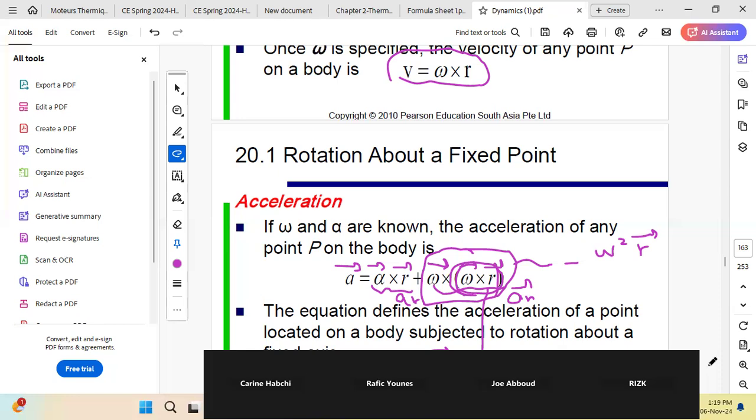You can have curvilinear translation or rectilinear translation, and we already studied it before in chapter 16. All points will have the same velocity. All points will have the same acceleration. So nothing specific in 2D or 3D. The same equations will apply. While for rotation, rotation in 2D is different than rotation in 3D. Okay?